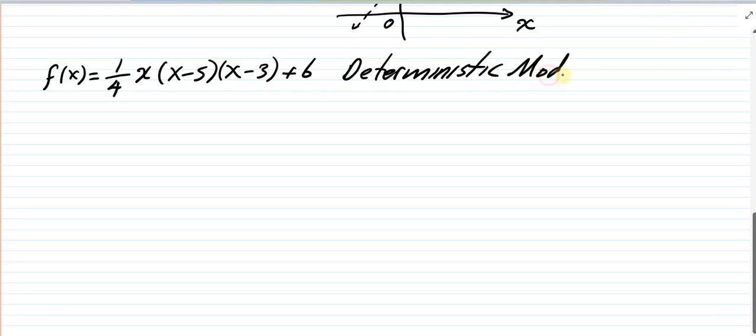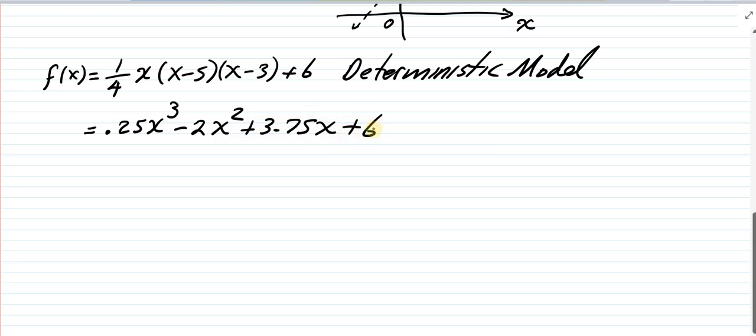Okay, so this is something that, again, in real life we don't know when we just look at the data and the patterns that are in the data. Now, this model actually is going to turn into, once you distribute, do FOIL, distributive property, and you simplify this model, you're going to get 0.25x cubed minus 2x squared plus 3.75x plus 6.